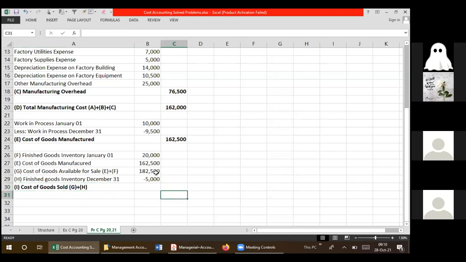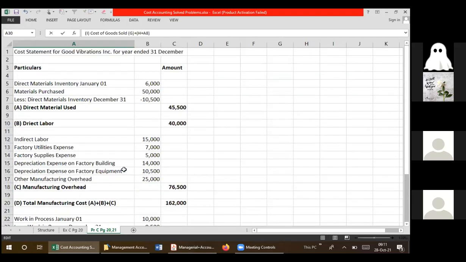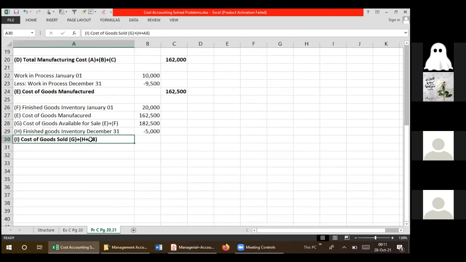G plus H. Not G minus H rather, because it's less. $177,500.